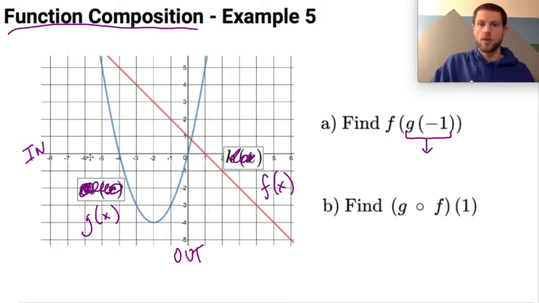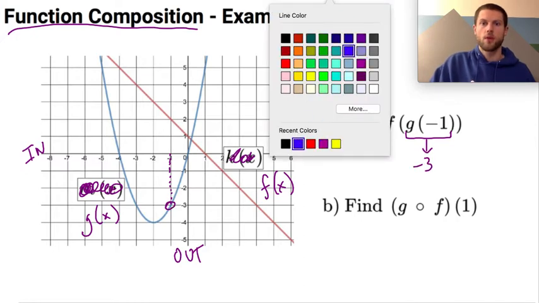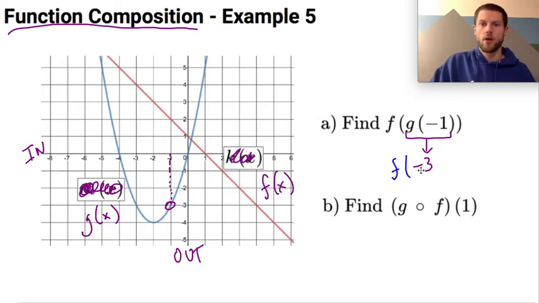And to do that, I look at my graph. Here's my function g of x. And I need to look for where the input is negative 1 and find what my output is. So that output is negative 3. So what that means is that I'm going to look for whatever f of negative 3 is.